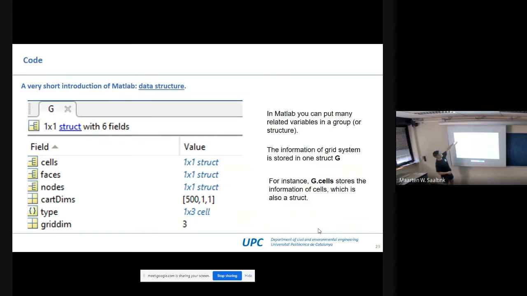Here is the grid system. This stores all the grid information, like the cells or grids and the types. For the state variables, like the pressure, temperature or everything, you can put in state variables.